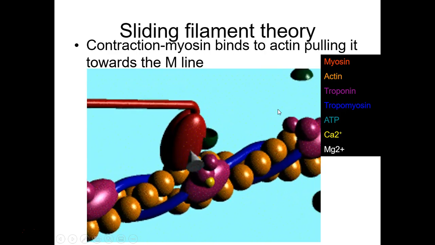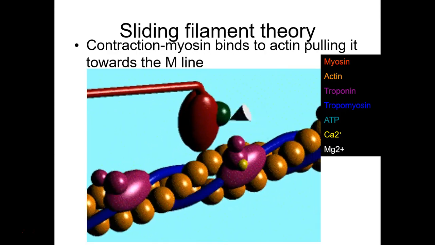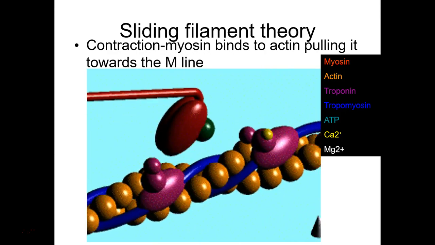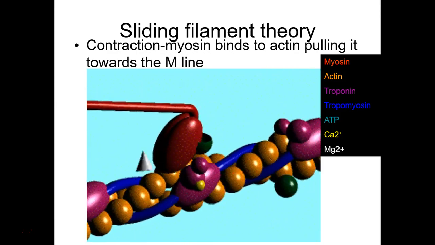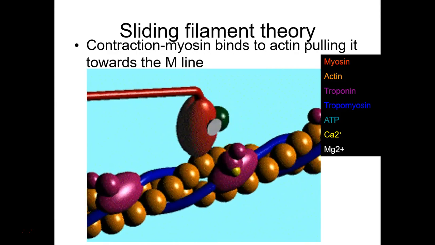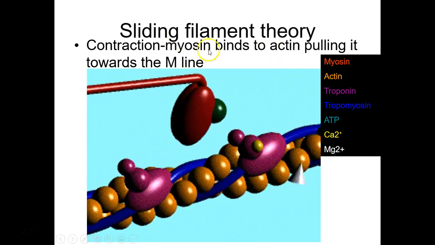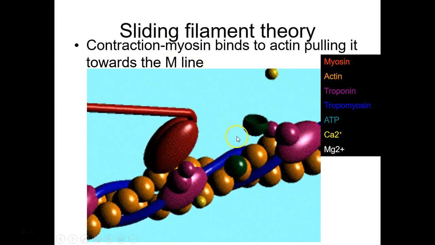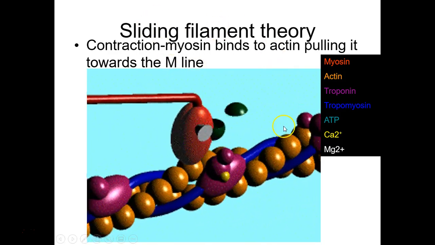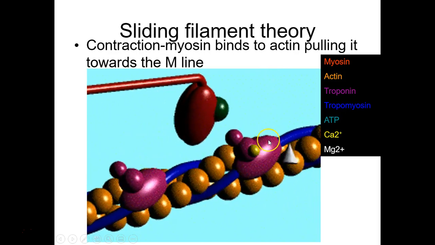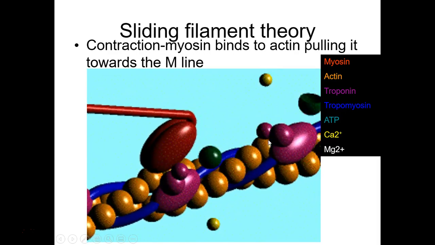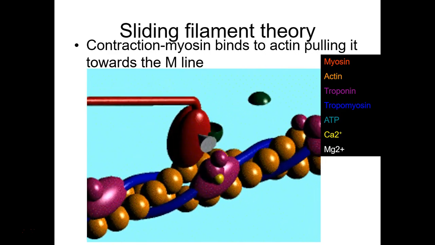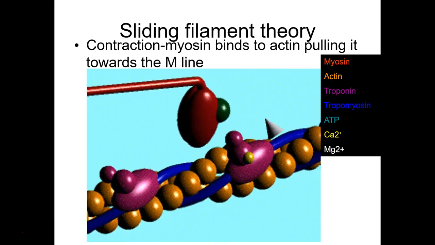But this, and we'll stop right here, but that's just showing you the myosin binding to the little binding sites and pulling. And it's showing you, I know it's hard to see, but you see the little yellow ball that's going down there and hooking onto the purple? That's your calcium binding onto the troponin, and the troponin tropomyosin is getting out of the way.